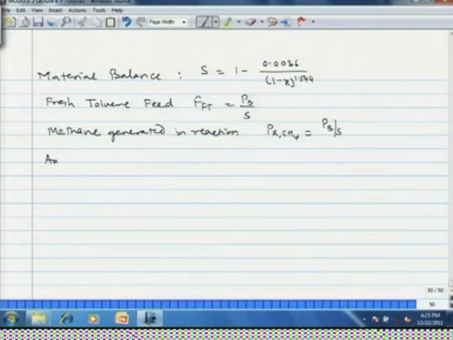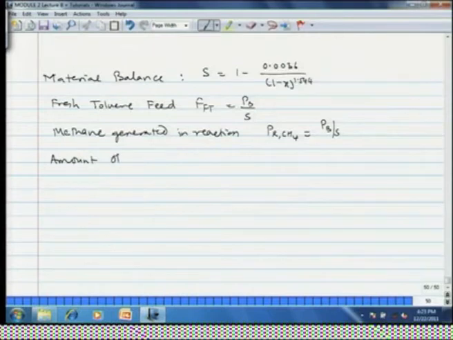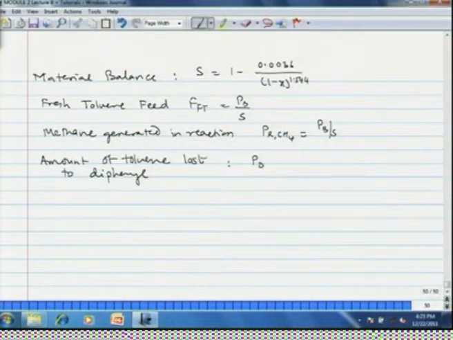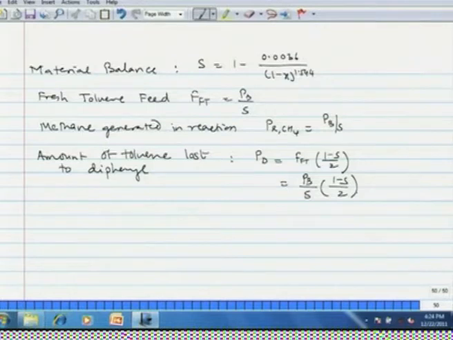Amount of toluene lost to diphenyl is FFT into (1 minus S) by 2. So that is the production rate of diphenyl, which we can now write in terms of production rate of benzene as PB by S into (1 minus S) by 2. Now we have already derived expressions for the purge gas.